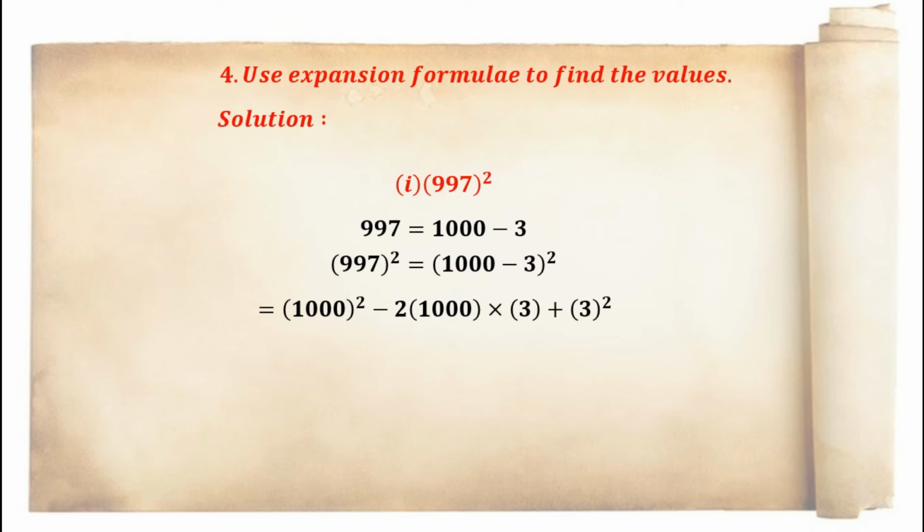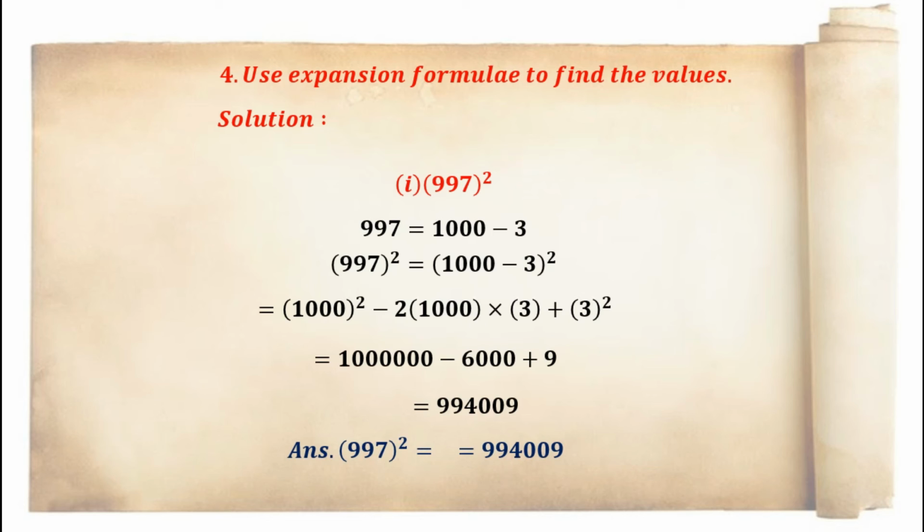So 10 lakhs minus 6000 plus 9 would be 9 lakhs 94,000 and 9. So you see here that the answer is 997 raised to 2 is equal to 9 lakhs 94,000 and 9. Okay, like this.